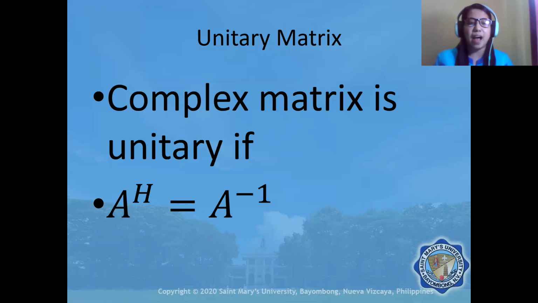So we say that it is a unitary matrix if the complex matrix satisfies this: A raised to H is equal to the inverse of A. If you still recall our discussion in Hermitian, A raised to H means both the conjugate and the transpose.